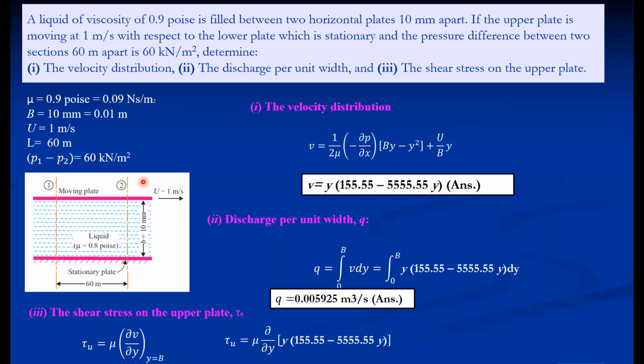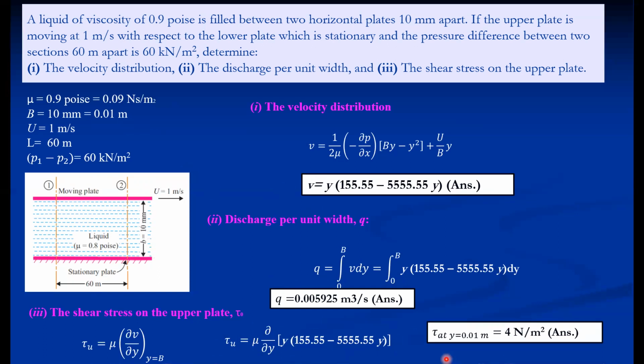So we put the expression of v in terms of y and differentiate this, and we get this expression. Then put y equal to b, that is y equal to 0.01, and solving we get this expression.